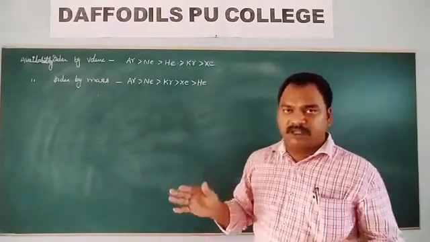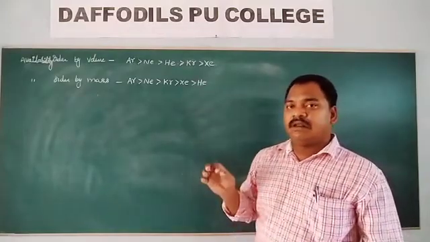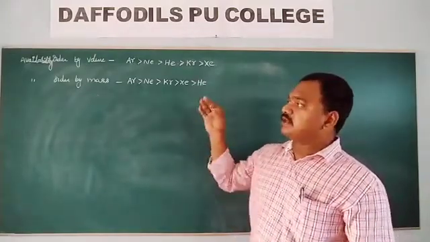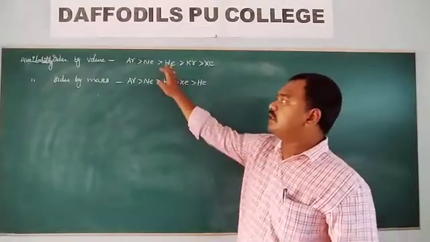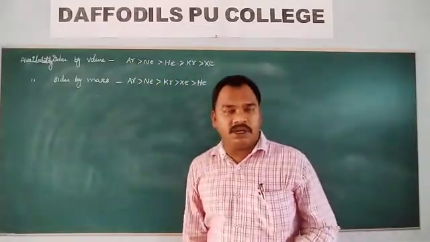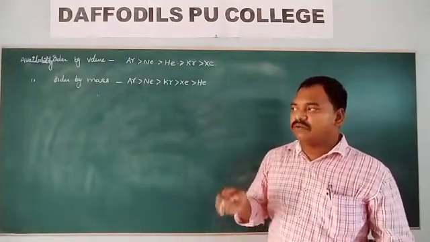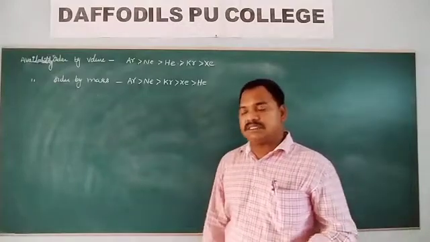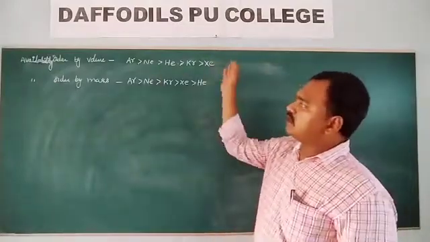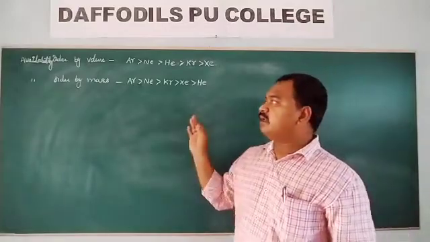In atmospheric air, nearly less than 1% inert gases are present. So the availability of inert gases in the atmosphere is very low. All these inert gases are present at less than 1% in the atmosphere.